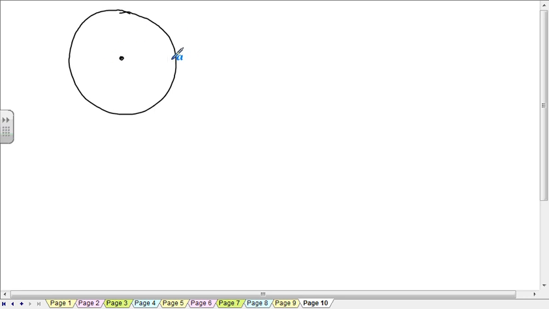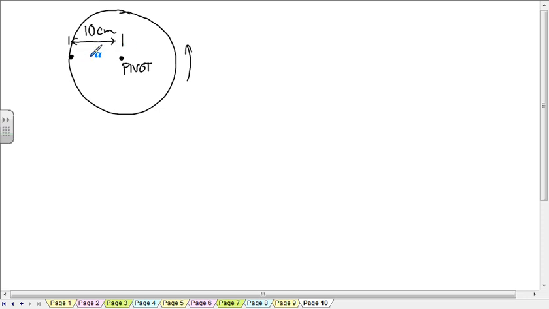We can choose any point. I guess let's choose a point over here. This is the pivot. This is 10 centimeters. Let's say that it's going counterclockwise. What two things do we have to calculate to figure out the total acceleration at that point?